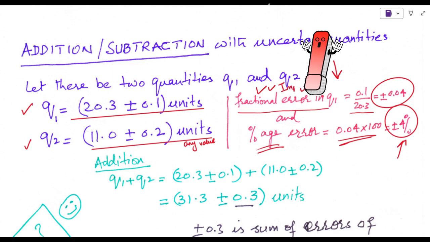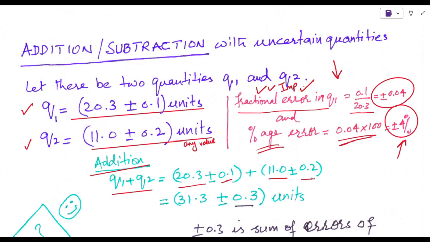Now, if we have to add Q1 and Q2, then their values will be simply added. That is, the value of Q1 is 20.3 and value of Q2 is 11, so we add them. And their uncertainties will also be simply added. The uncertainty for Q1 is 0.1 and uncertainty for Q2 is 0.2.